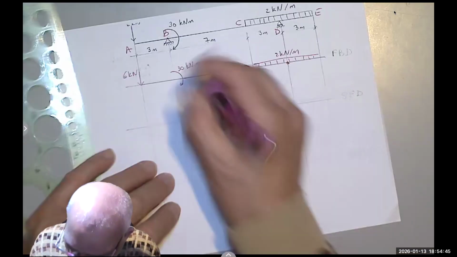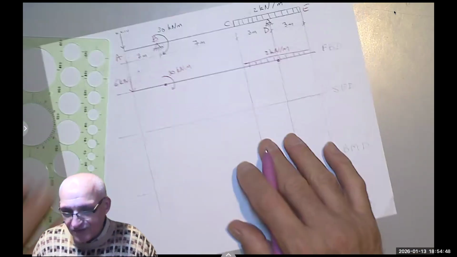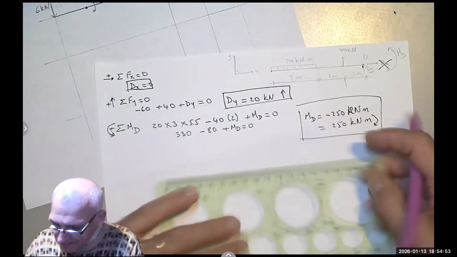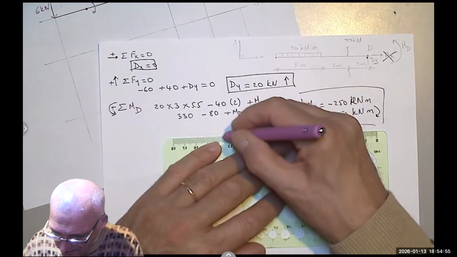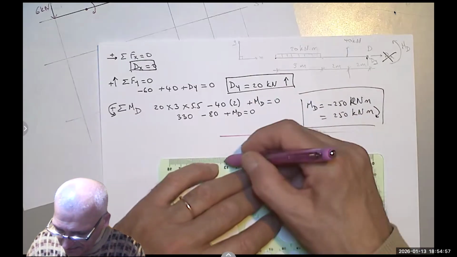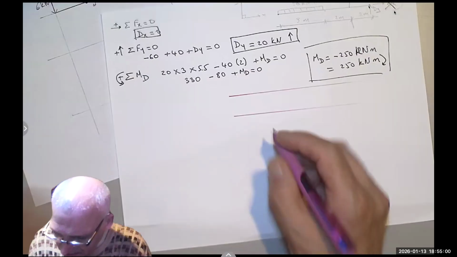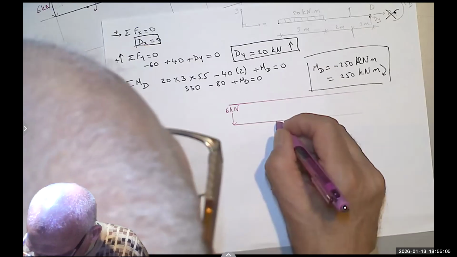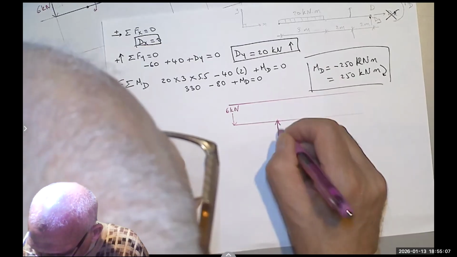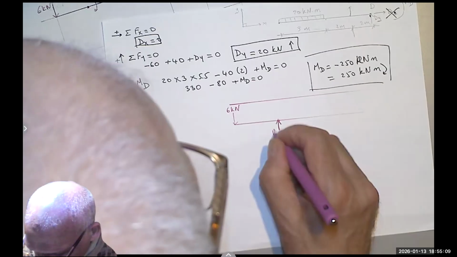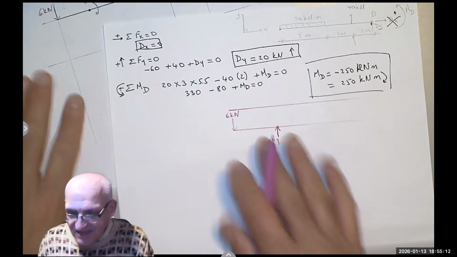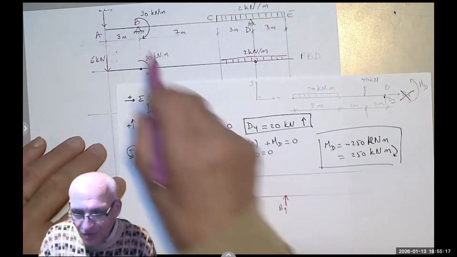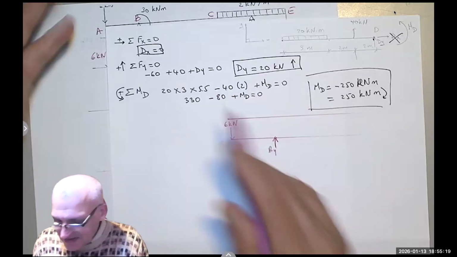Let's do first the work here. Okay, so I have 6 kilonewton. Then here, By. Notice from the sum of the forces in the x equals 0, there is no external horizontal force, so Bx equals 0. I'm not going to waste time on that.